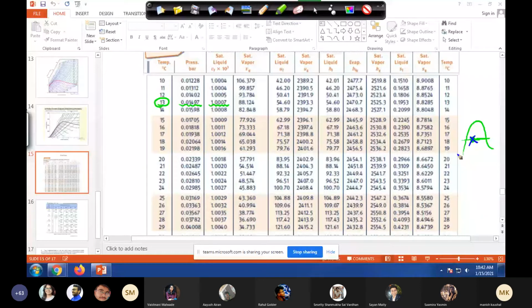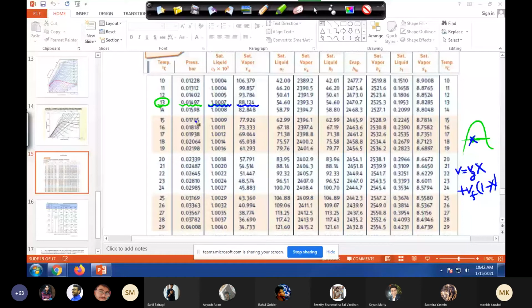So if you are interested in calculating V at this point, the total volume, it will be, yes Sahil, Vg into its mole fraction. No, x, quality. Oh, yes, sir. And Vf into 1 minus x. Vg we get here, and this is Vf: the specific volume of saturated vapor and the specific volume of saturated liquid at that given temperature and pressure.